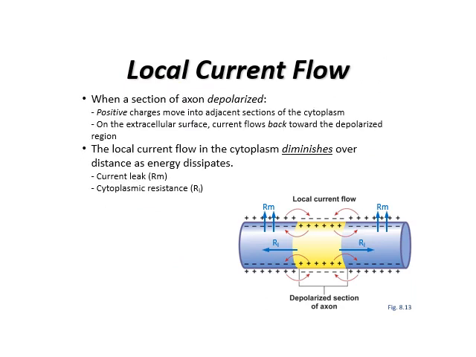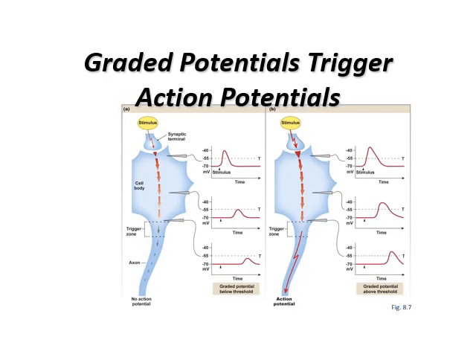This is just showing the same thing. As we move through the cell, there is current leak and there is resistance from the cytoplasm, and that brings the amplitude of the graded potential down.